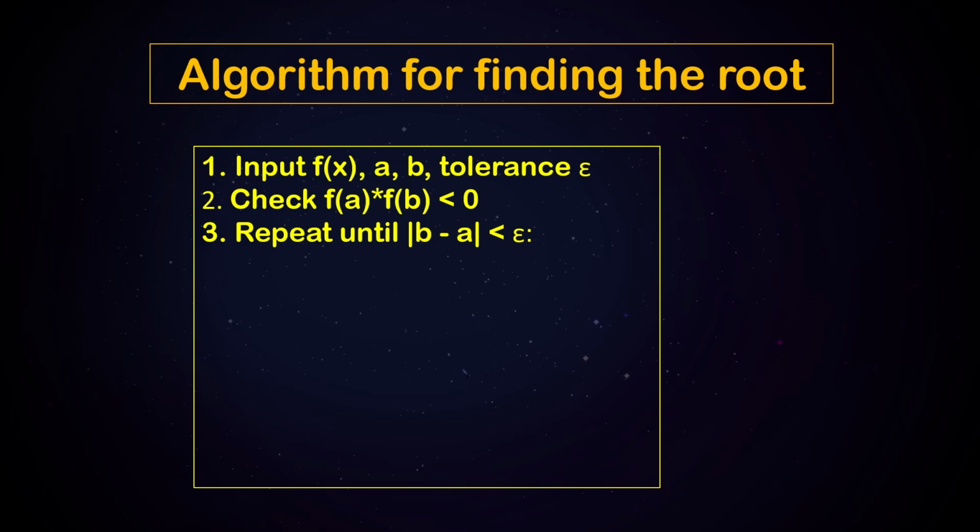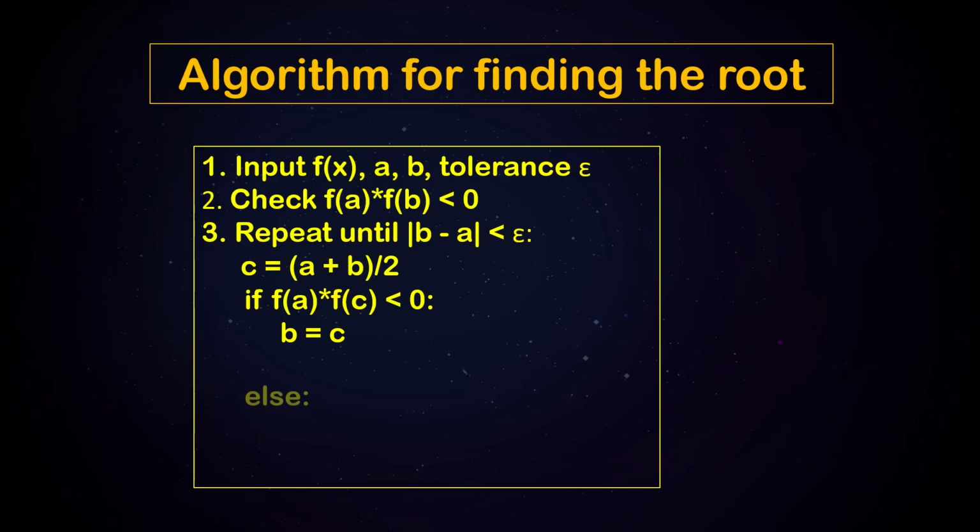Repeat until b minus a is less than some accuracy limit, and then calculate the mid value c equals (a plus b) by 2. If f(a) times f(c), that is the mid value, is less than 0, then b equals c.